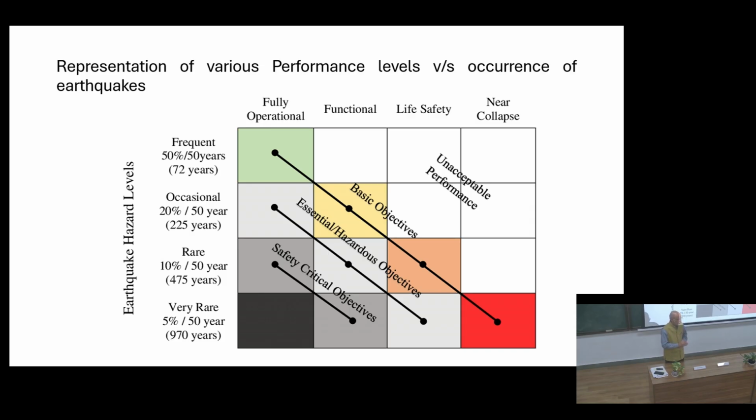That is how, when we do a special structure like a nuclear reactor, the site-specific condition is also assessed. Wherever they place the reactor, what is the likelihood of an earthquake? Then you scale up those things and design the structure accordingly.